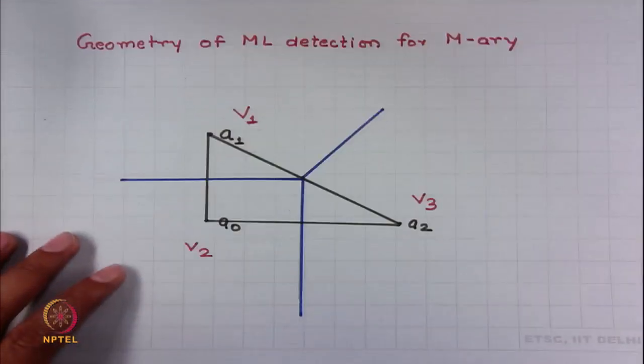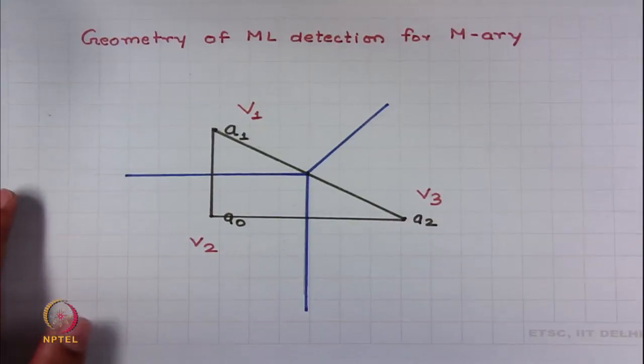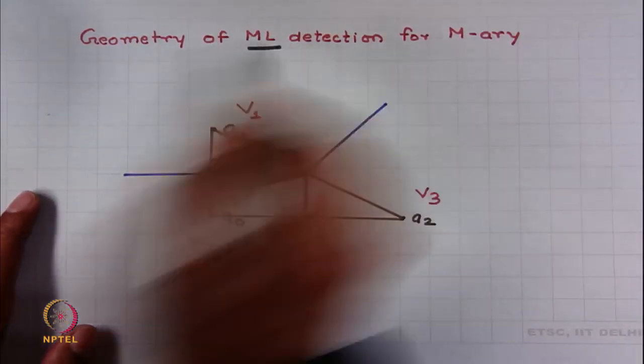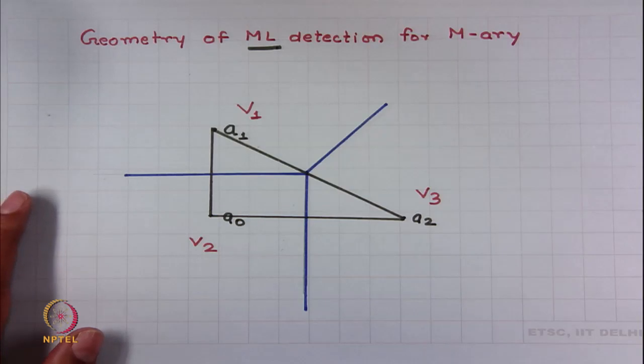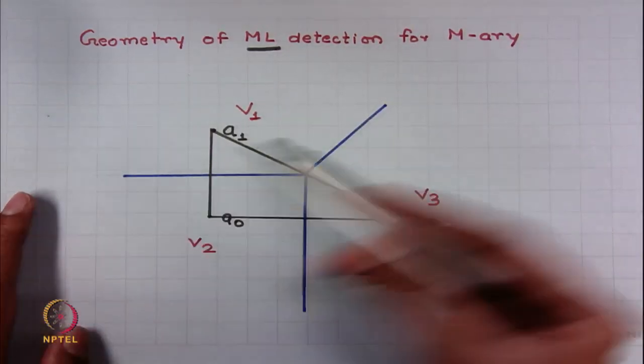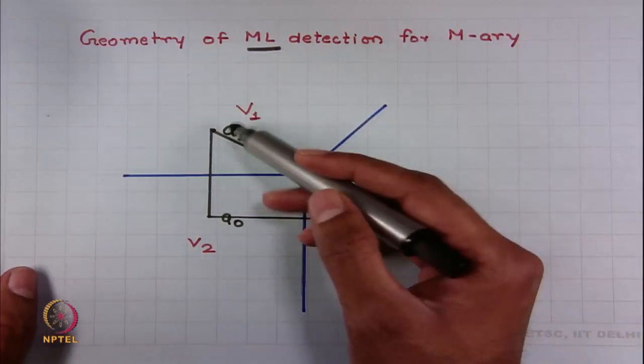What is the geometry in the case of M-ary? As before, we are focusing on the geometry in the case of the maximum likelihood detector. In maximum likelihood we assume that the symbols are equiprobable. So, if we have this ML detector for M-ary, you can find the Voronoi regions.